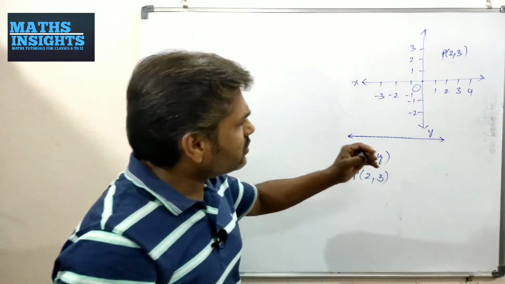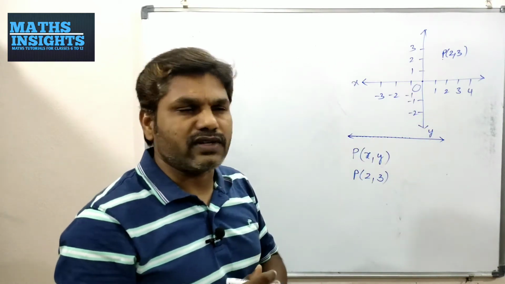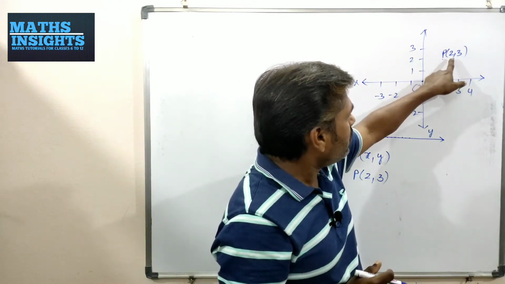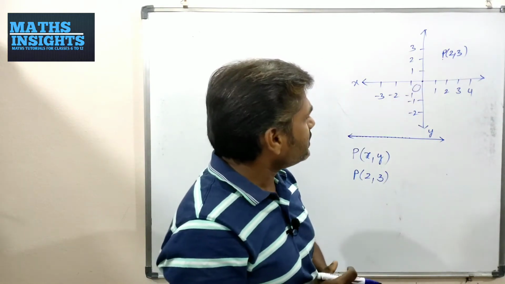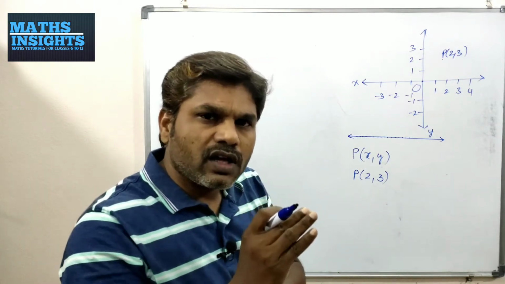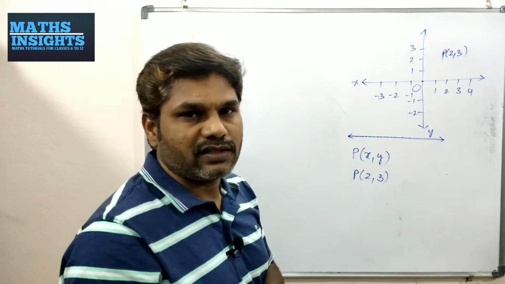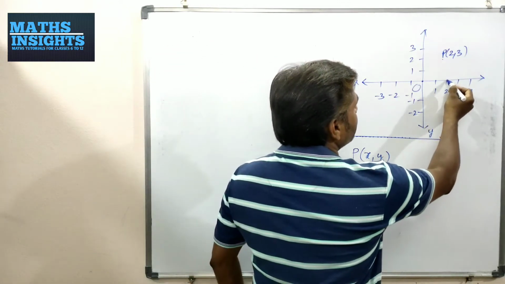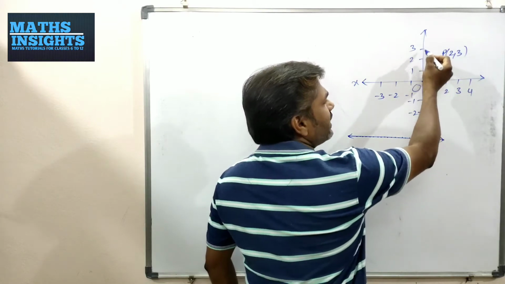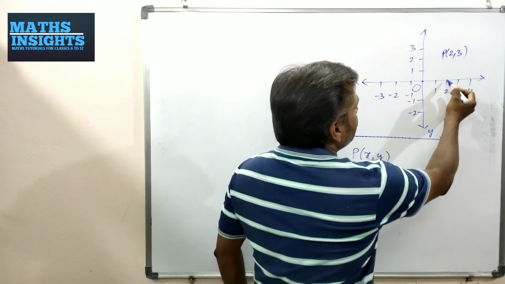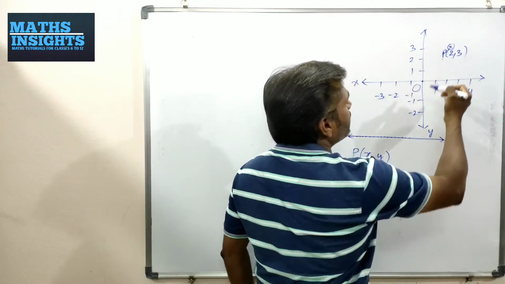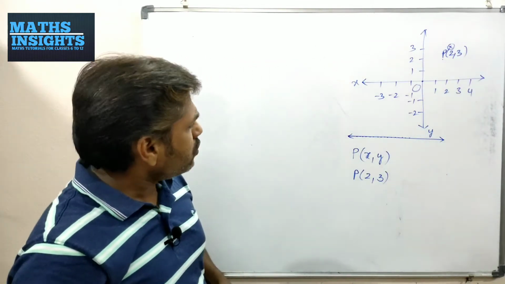We are taking these two axes as a reference. I am putting a point called P whose coordinates are 2, 3, which means it is 2 units away on the x-axis from the origin, so 2 units means here, and 3 units away on the y-axis from the origin. If you go from here and here, it will meet here. This is the point called P.